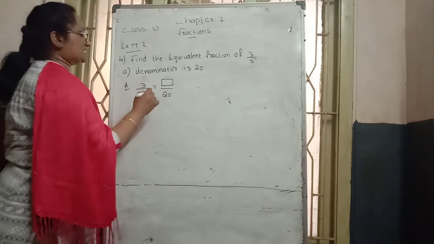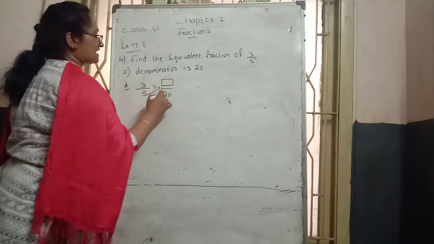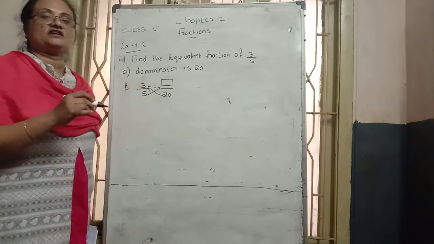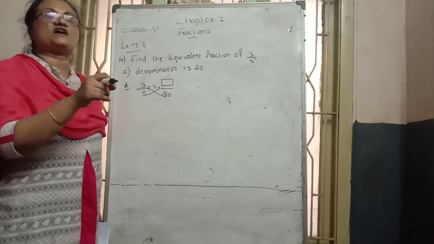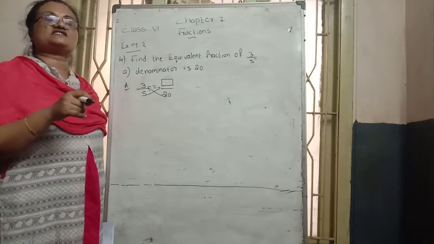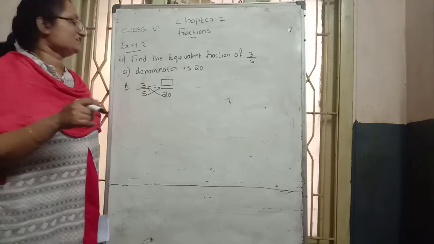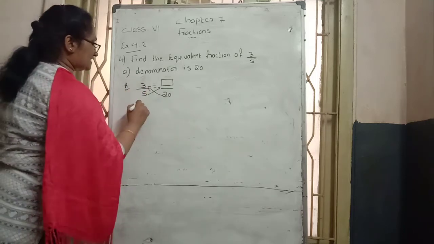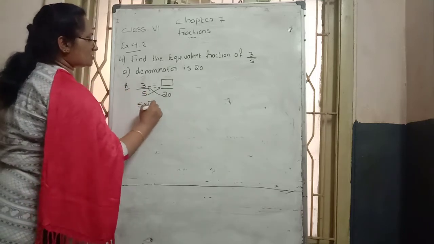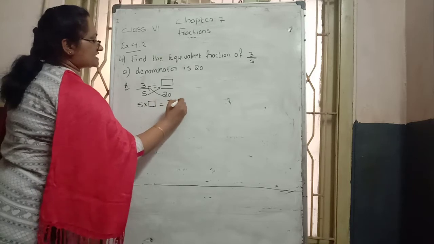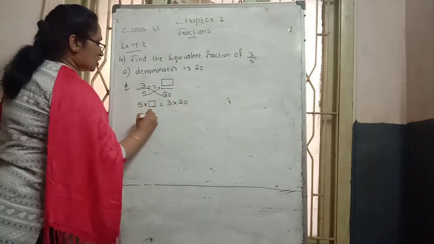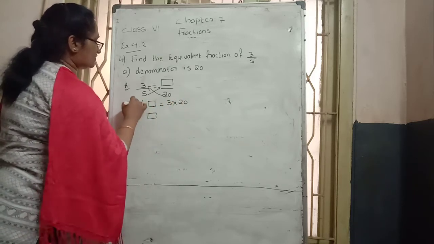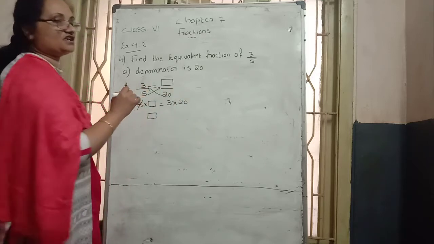How to find it? First of all, cross multiply and find the box value. Then the box value over the denominator comes as the equivalent fraction for 3 by 5. So cross multiply: 5 into box is equal to, right side, 3 into 20. To find the box value, here the 5 table, right and left cancellation is possible.